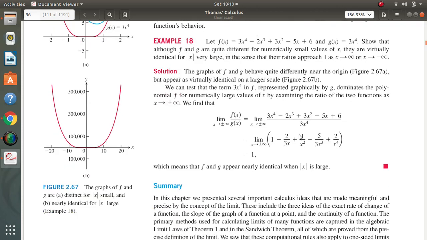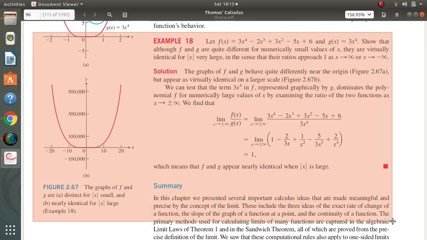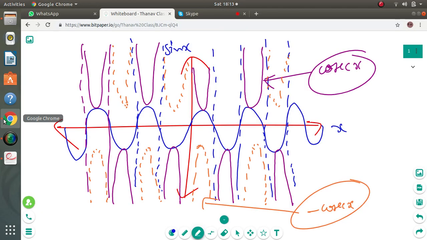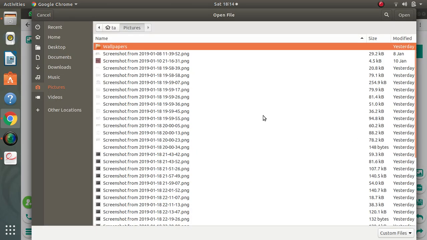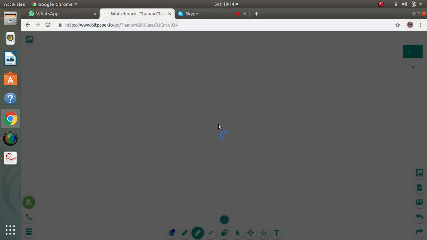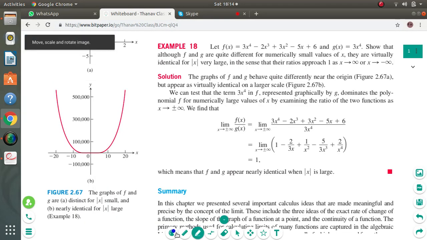Next you have an example I'm writing here. Example 18. f(x) is 3x to the power 4 minus 2x cube plus 3x square minus 5x plus 6, and g(x) is equal to 3x to the power 4.